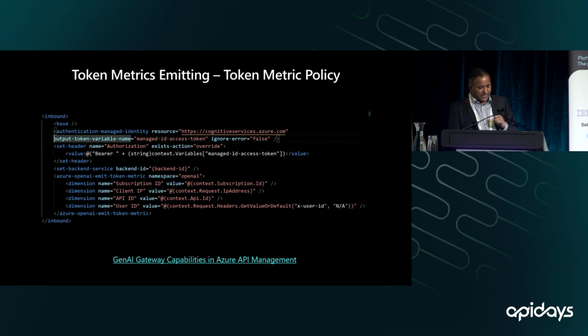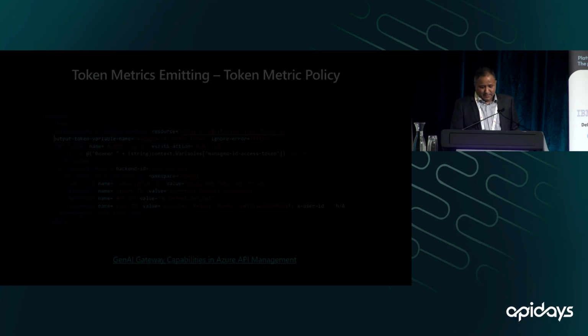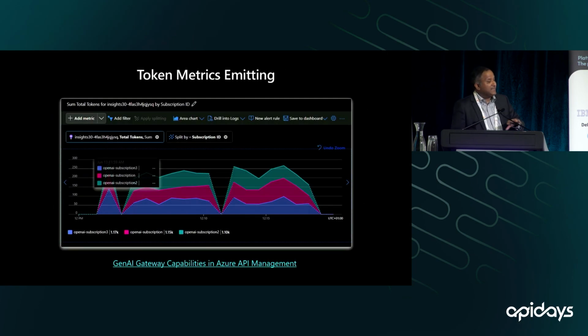And the way I do that is in our API configuration, we define this policy. So if you look at the last 4 or 5 lines, there is this emit token metric policy. And we define different dimensions. So I can measure things at the subscription level, at the client IP level, at the API ID, and even at the user level. So when I have this, then I can use this information in my visualization.